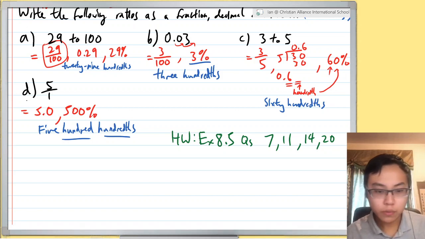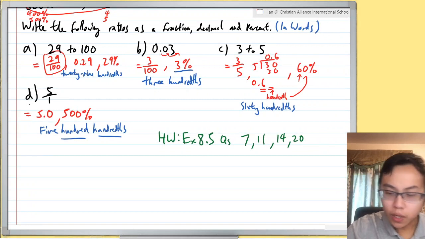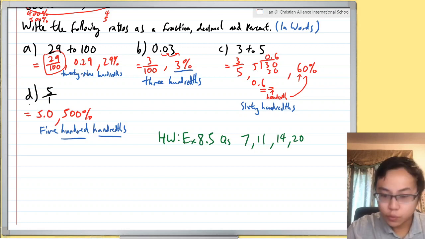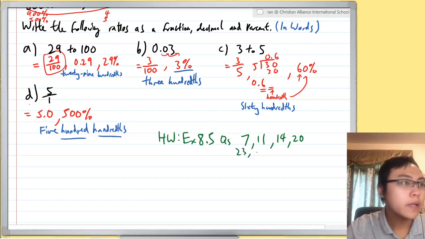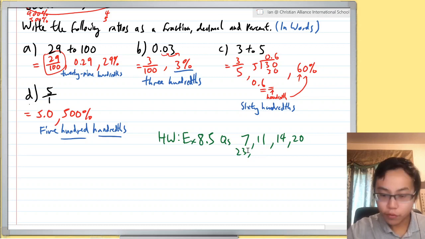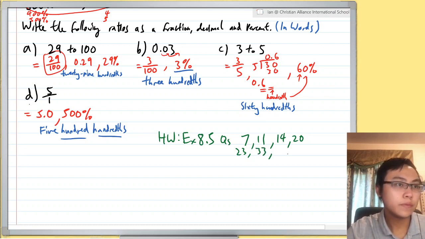Can you guys see the numbers? Zoom out a little bit so that you can see. And then let's do a few more. 23 and some problem solving. 33. 34.